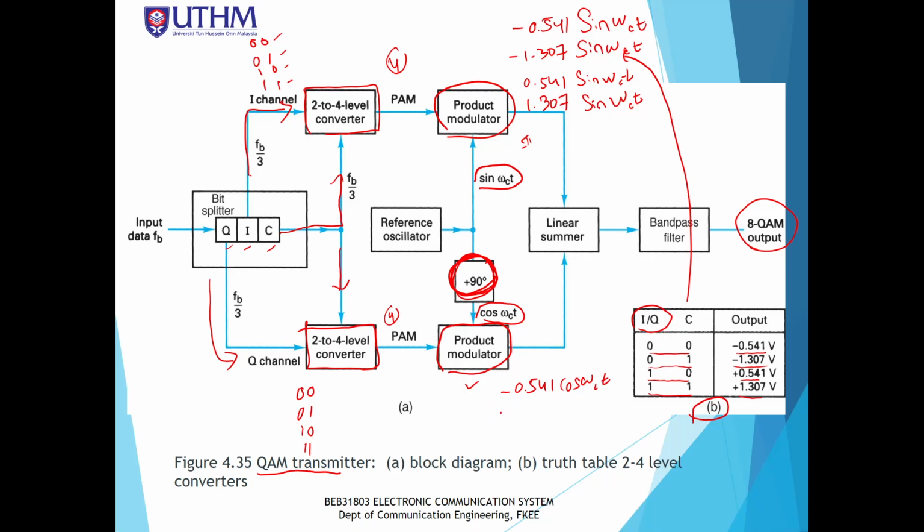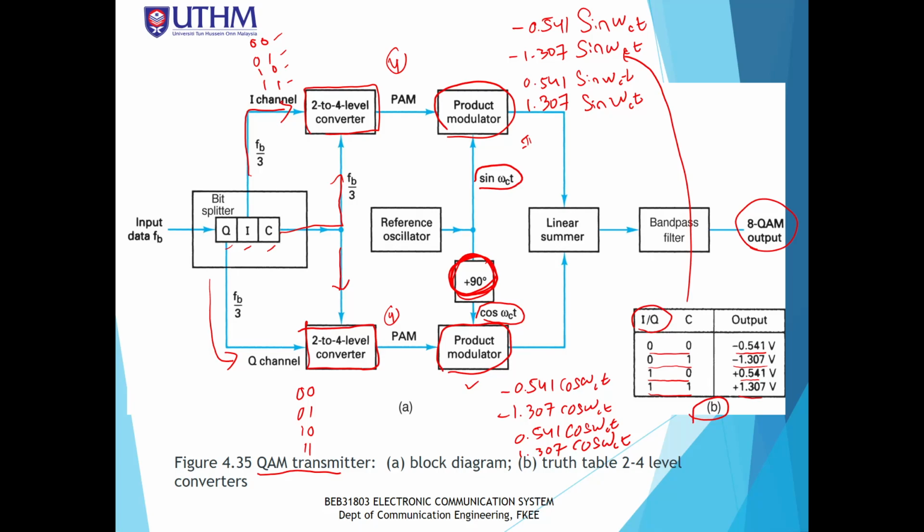Another one is negative 1.307 cos omega ct. Then 0.541 cos omega ct, and this is 1.307 cos omega ct. So we have 4 possible outputs of the product modulator in the Q channel as well.